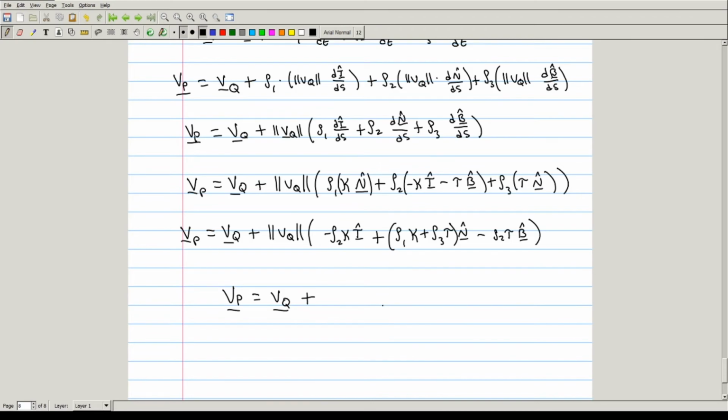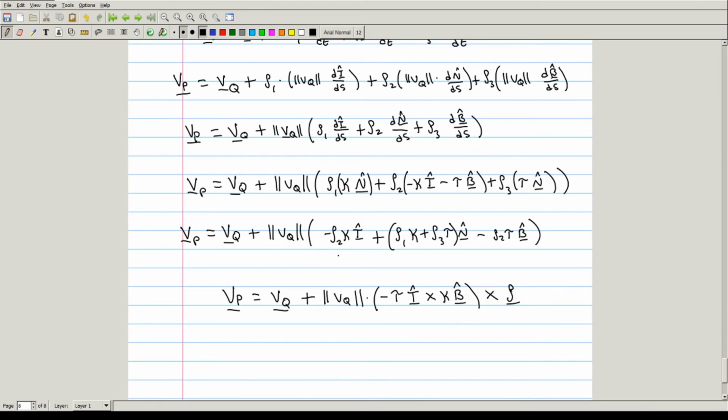It's exactly equal to the magnitude of VQ multiplied by the vector tau t hat plus kappa b hat, and this is then the cross product with the vector rho.